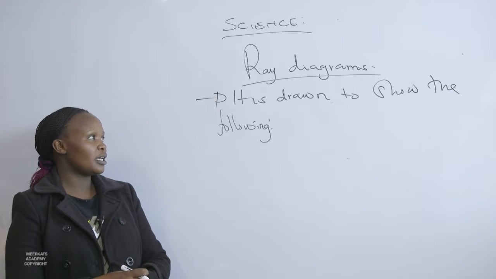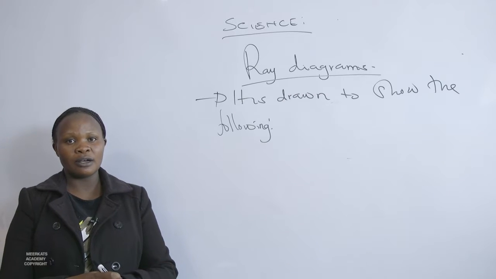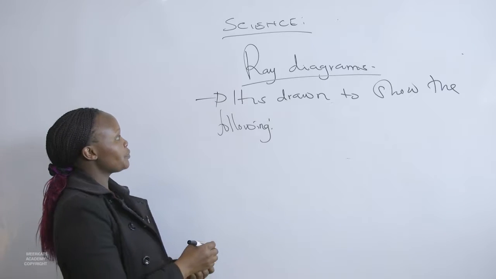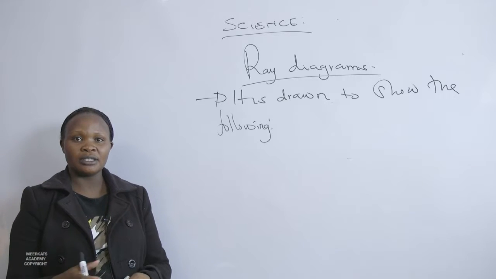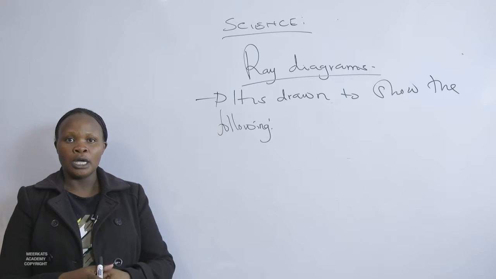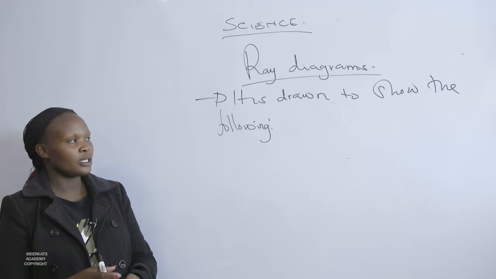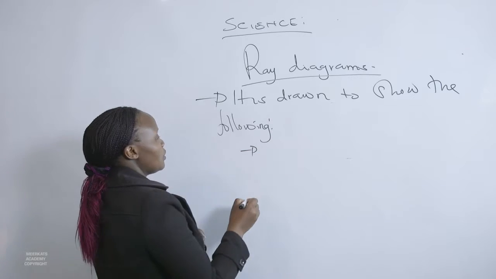These images are going to have different characteristics depending on the position of the object relative to our reflecting surface. But basically, a ray diagram should show the following.